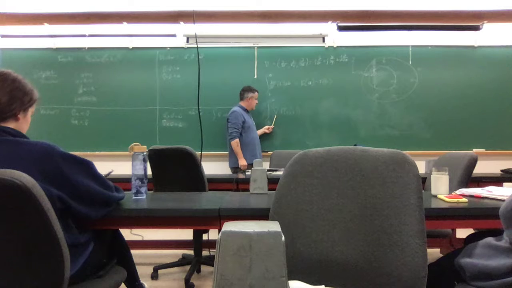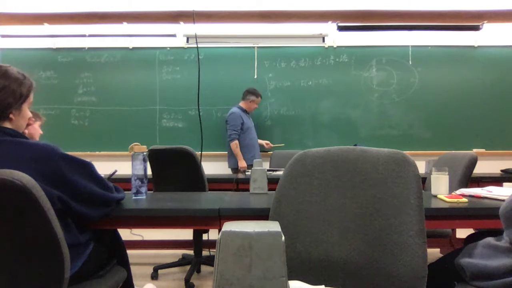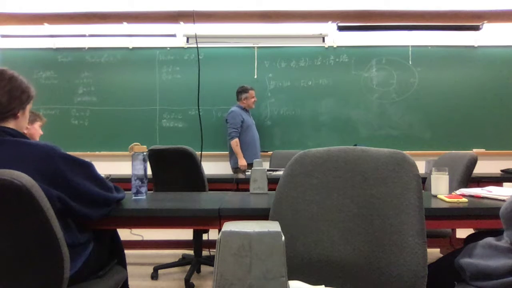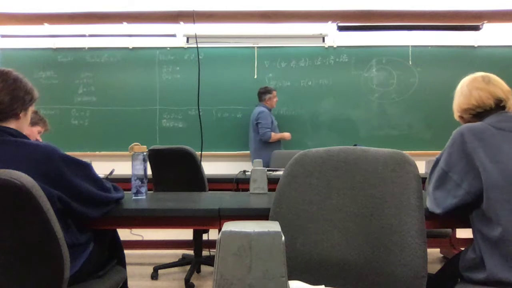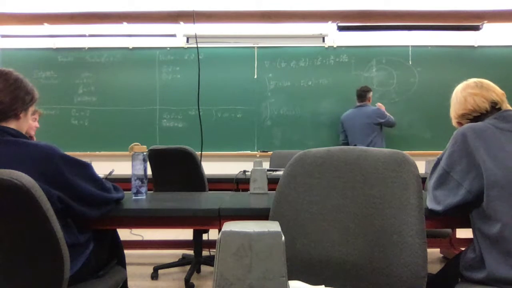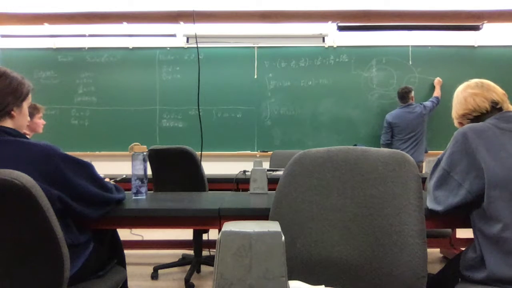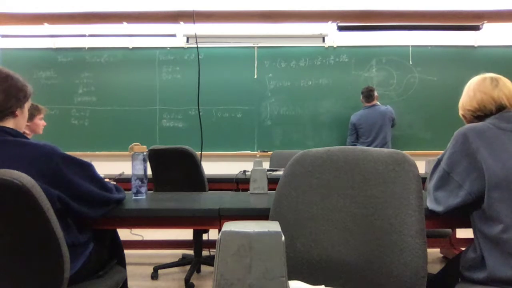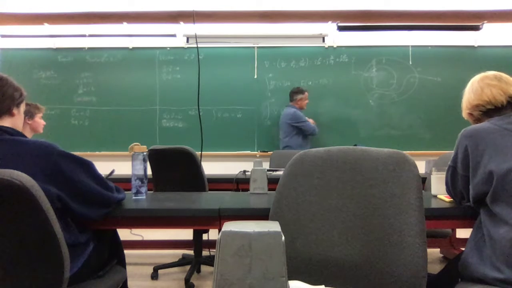So, how can I integrate some gradients? What are some integrals of gradients that I might want to do? What happens if I choose a path? Just put A and B somewhere out there in space.